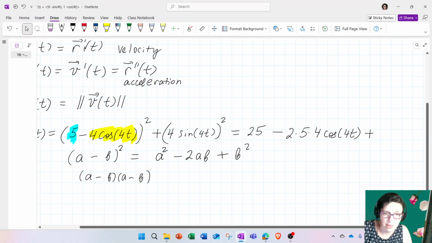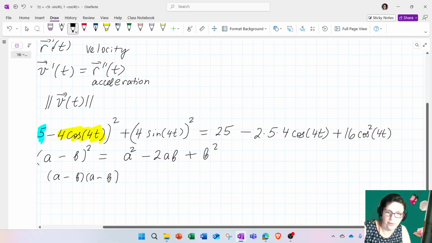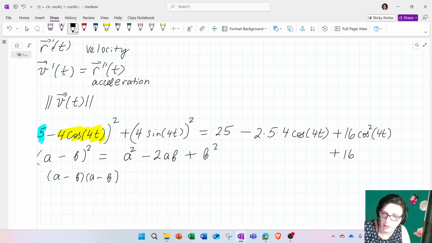So when you square 4 cosine 4t, what happens? First of all, 4 squared is 16. And then cosine squared 4t. Okay, so we're not quite done because we have this one last term. And that term is just (4 sine 4t) squared. So 4 is squared, that's 16. And sine is also squared. So if you're wondering, why the heck did I have to do this?